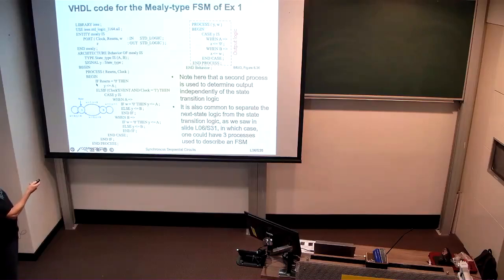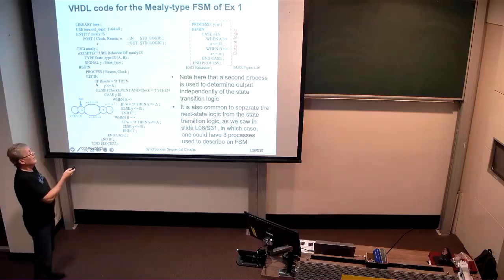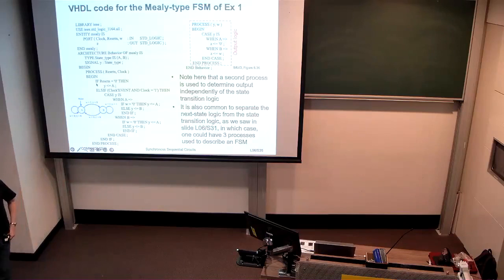So here it's a combinational process that's dependent upon the current state and the input W. If the current state is A, then the output is 0, but if we're in state B, the output is the same as the input W. Okay, so we could have just said Z is W when Y is B, else 0. We didn't have to write a process for this.